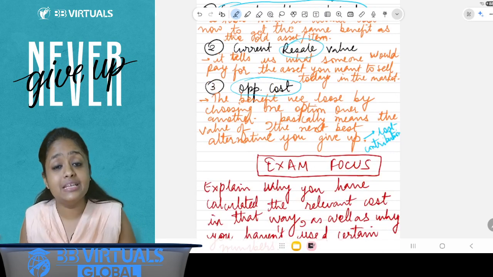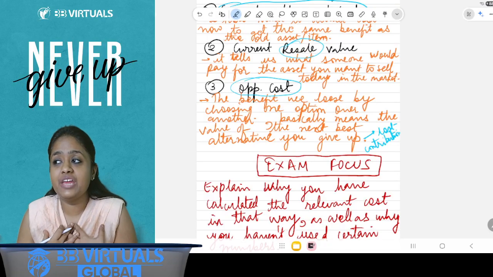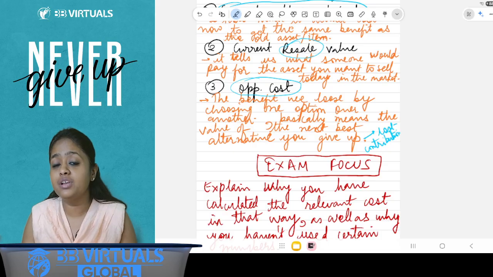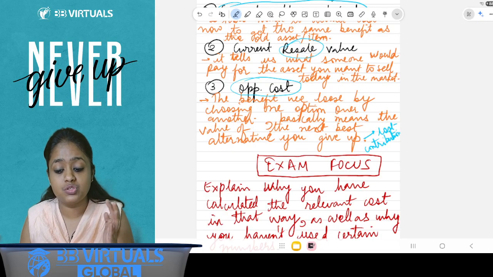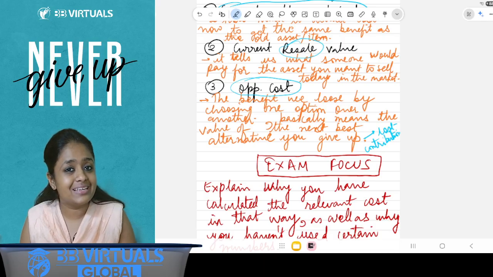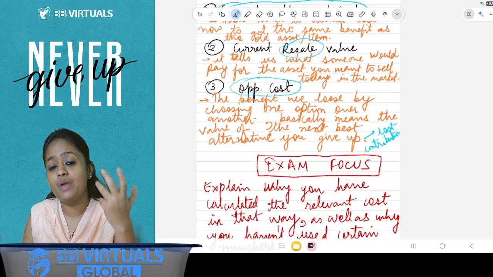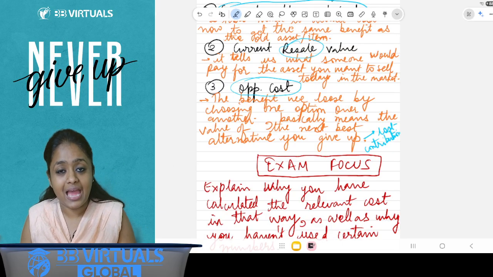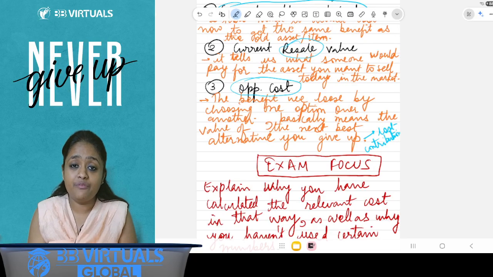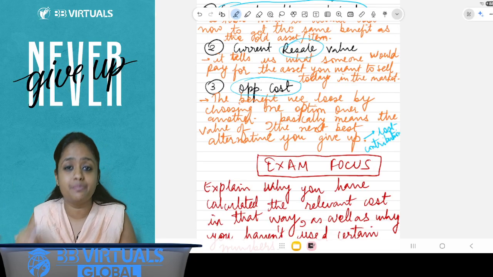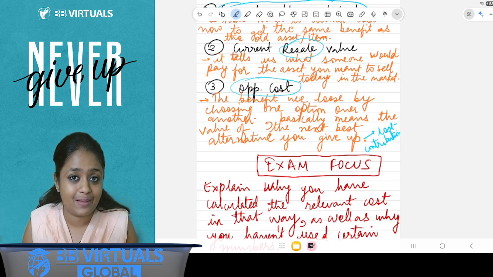Next is current resale value. Let's say my inventory is not in use. I've got material inventory, but it is not in use. Then I would sell it as scrap. However, if I have a new project or a new process that requires using that material, I'm losing that scrap value.